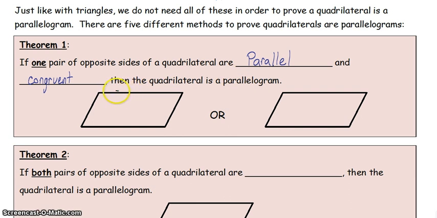So if they give you that these opposite sides are congruent and the same sides are parallel, that's enough to say that this quadrilateral is a parallelogram. Similarly, if they gave you that these opposite sides were both parallel and congruent, that's enough, as long as it's the same sides that are both parallel and congruent.